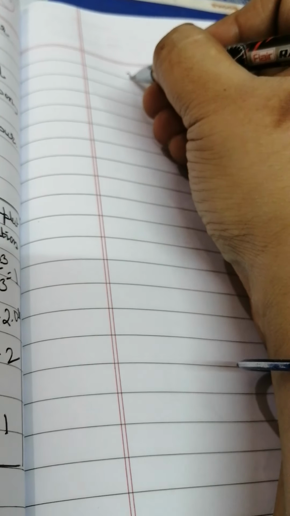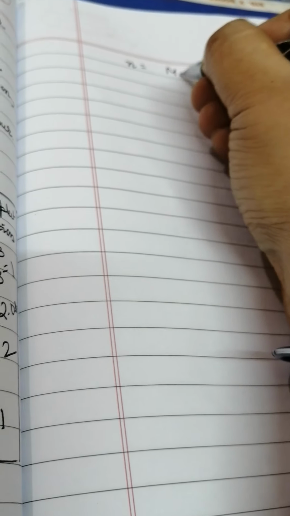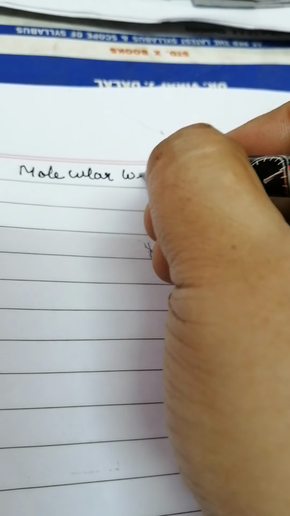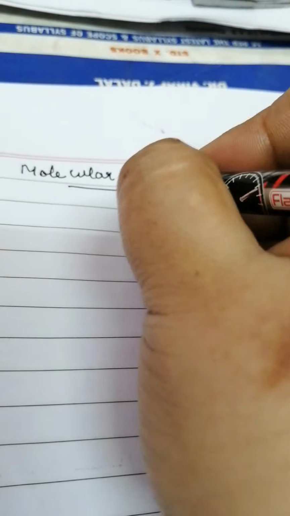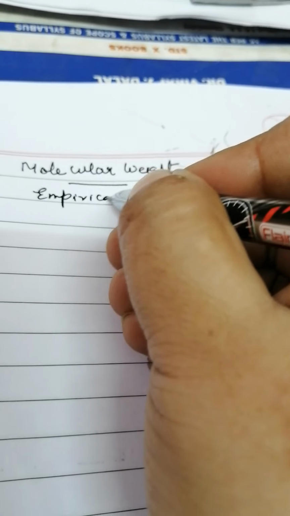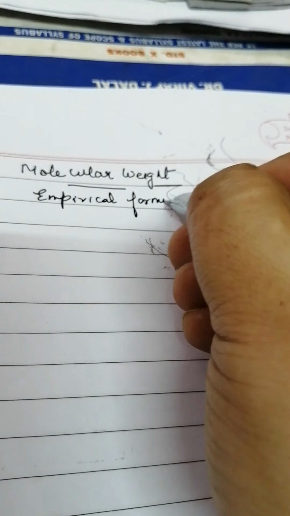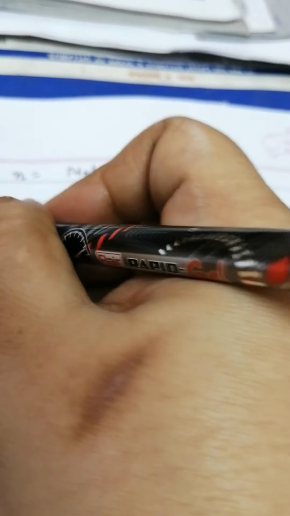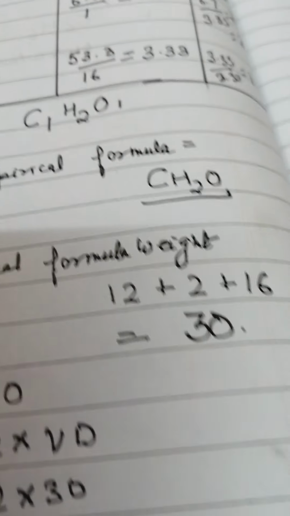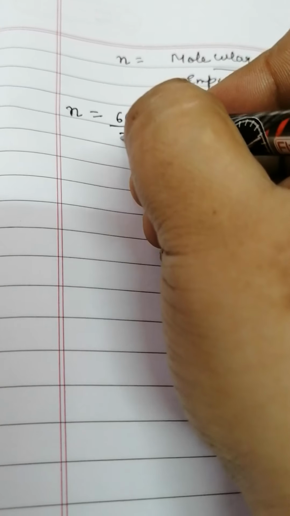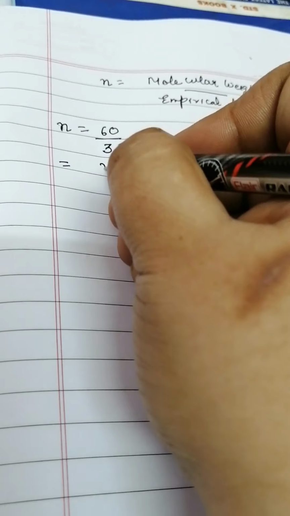Now you have to calculate the value n. n equals molecular weight upon empirical formula weight. Molecular weight was 60 and the empirical formula weight was 30. So the value of n comes out to be 2.